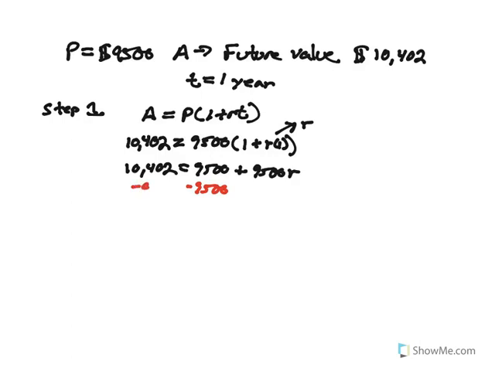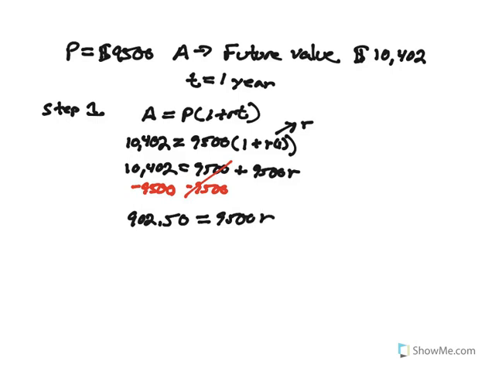Subtract 9,500. So these cancel. When you take $10,402 and take away $9,500, you will get $902.50, and that's going to equal 9,500R.